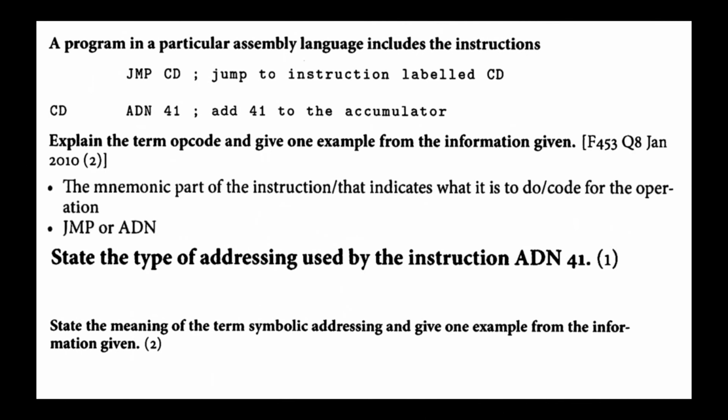So the mnemonic part of the instruction that indicates what it is to do, and then an example would be the JMP, the jump, or the ADN. Then state the type of addressing used by the instruction ADN 41. Type of addressing? I'm going to guess and say direct. Oh, immediate, I was completely wrong.